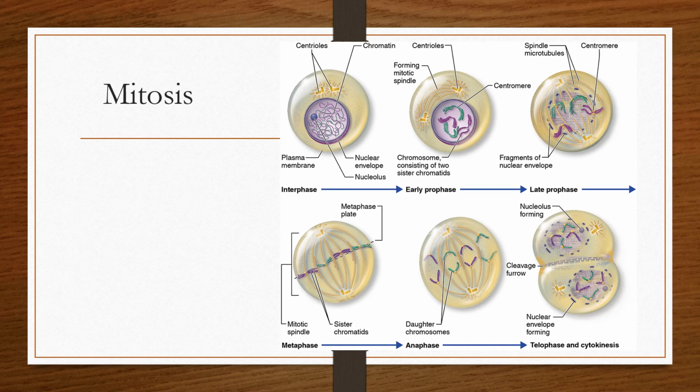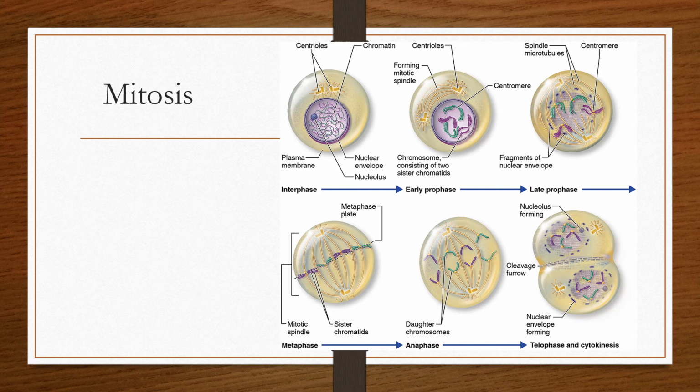The centrioles separate from each other and begin to move towards opposite sides of the cell, directing the assembly of a mitotic spindle. It's composed of microtubules between them as they move. The spindle provides scaffolding for attachment and movement of the chromosomes during the later mitotic stages. And by the end of prophase, the nuclear envelope and the nucleoli have broken down and temporarily disappeared, and the chromosomes have attached randomly to the spindle fibers by their centromeres.